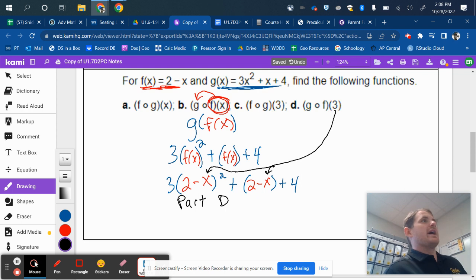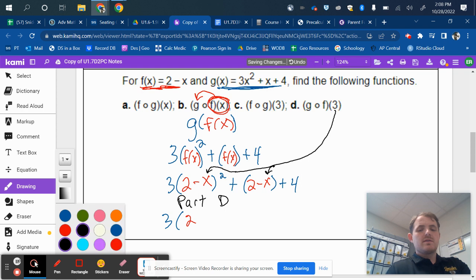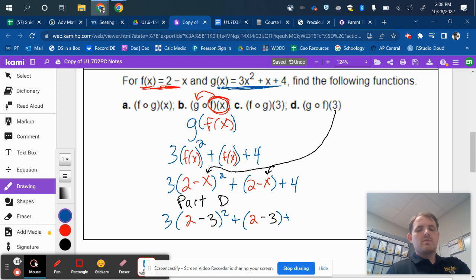You work your way from the inside out. So this becomes 3 times 2 minus 3, plus 2 minus 3, plus 4.